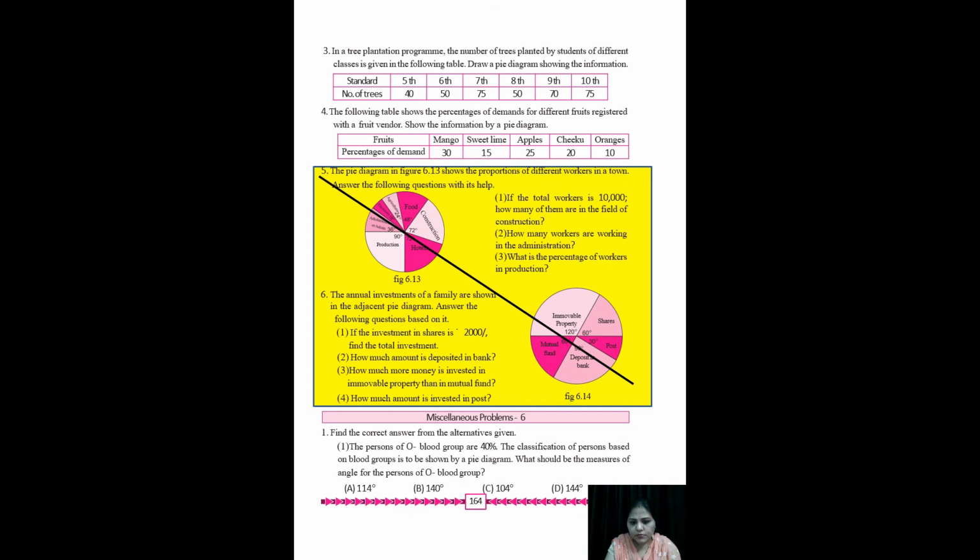Now we'll move ahead in the exercise. See on page number 164, the 5th and 6th sums from the exercise are not there. Cancel them. 164, the 5th and 6th sums are no longer existing.